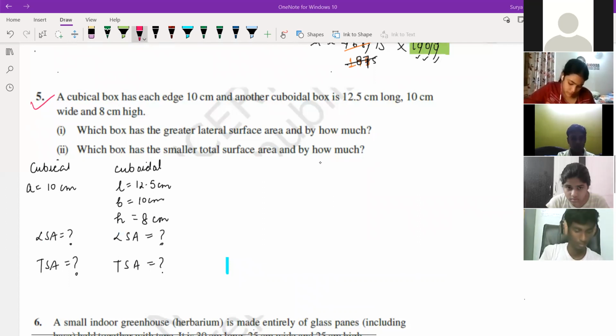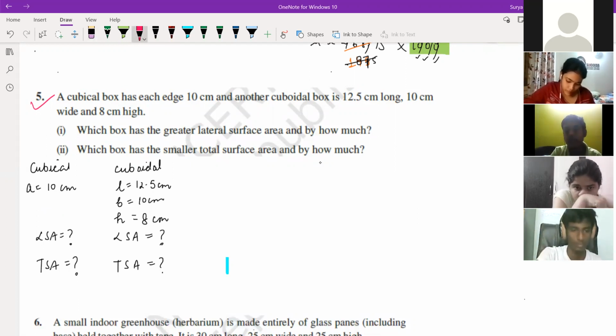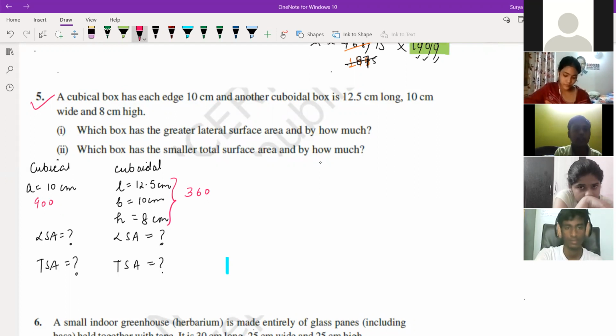So for the lateral surface area, first you find for the cubical and the cuboidal, right? No, that is volume. We have to find LSA. Yes, sir, 4a square, 400. And for the cuboidal, how much do you get? 360, sir. And for total surface area, the cube we're getting 600 and the cuboidal we're getting 610.